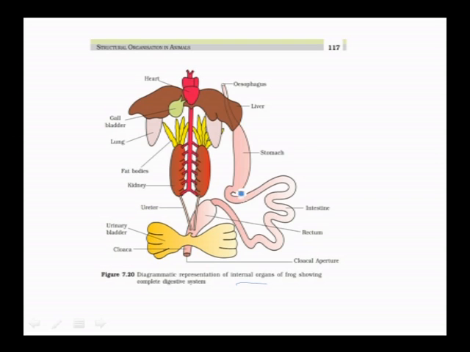Here they have explained the digestive system. It starts with the esophagus connected with the mouth, and the digestive glands called liver are present, a storage organ, stomach, intestine, rectum, and the opening which is common for both the gametes, the undigested waste and the elimination of nitrogenous waste, called cloaca. The cloacal aperture, or cloaca, is the common opening through which the elimination of nitrogenous waste and undigested waste takes place.